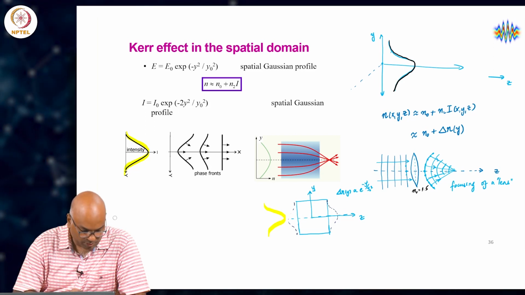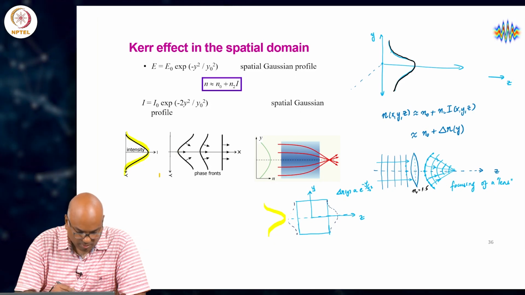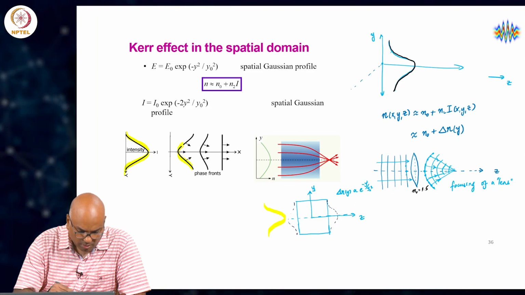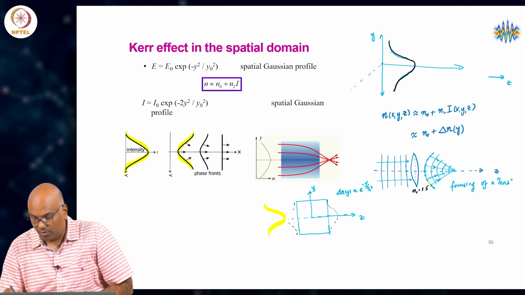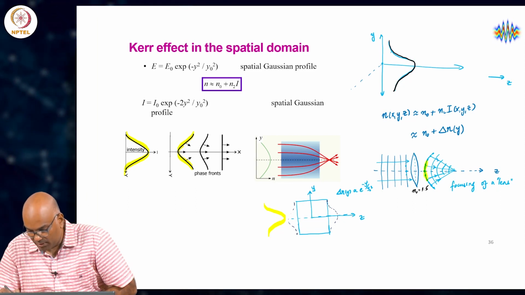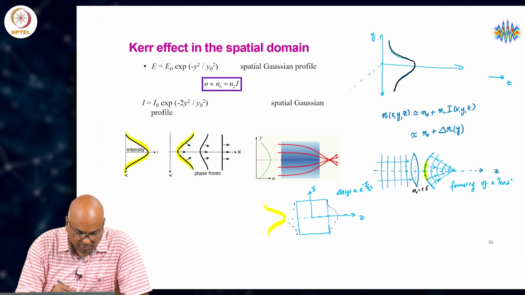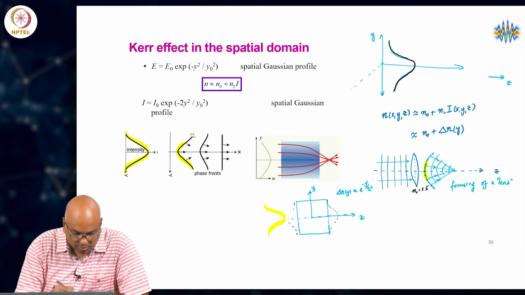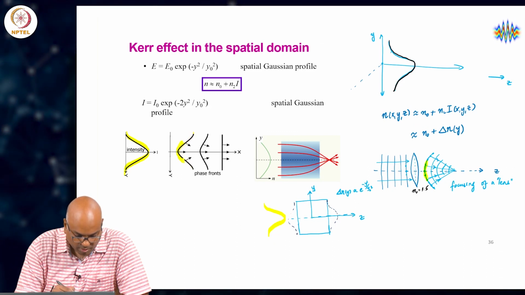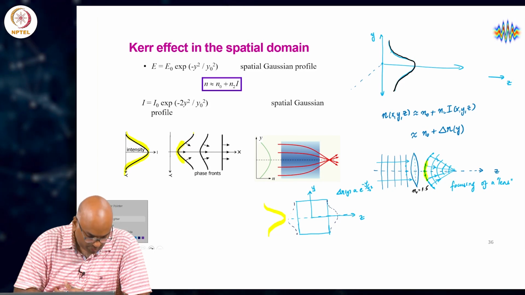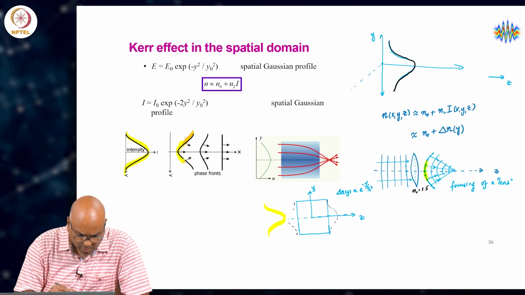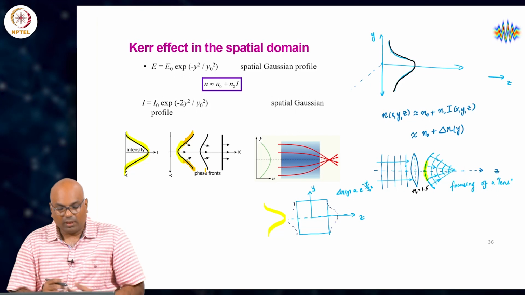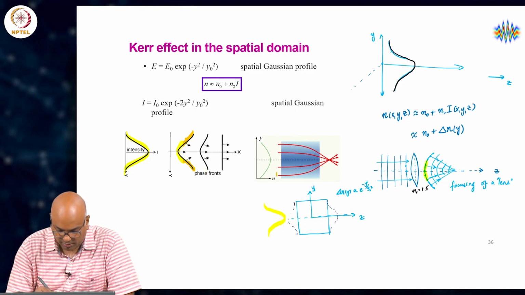Therefore, the central portion of the beam, much like in the case of a positive lens, after a given time t propagates a lesser distance as compared to the outer sections, and this beam then starts to focus inside, which is what is depicted in this picture here.